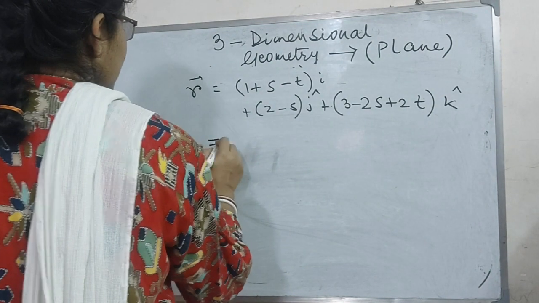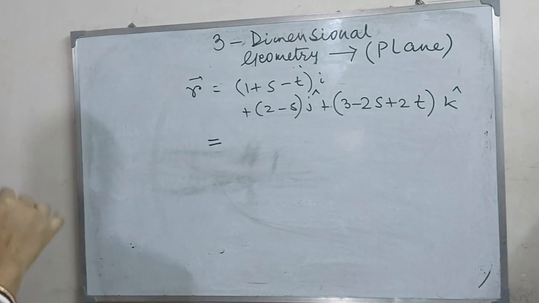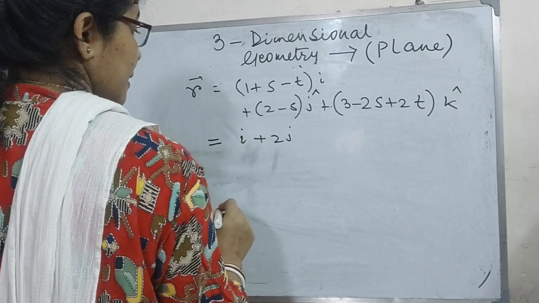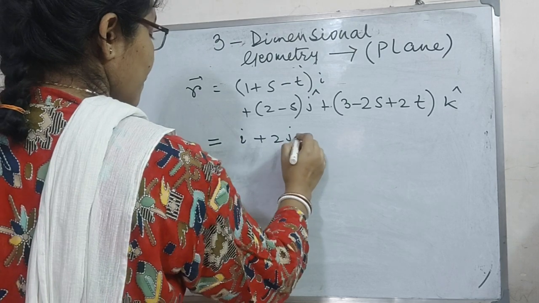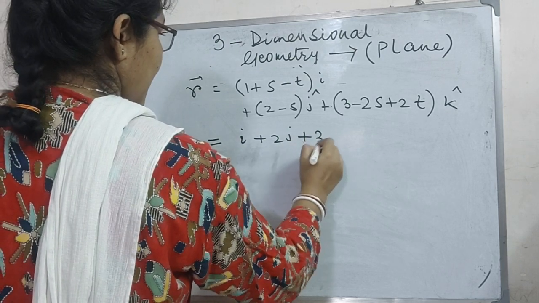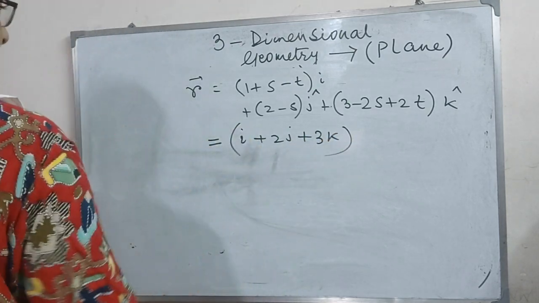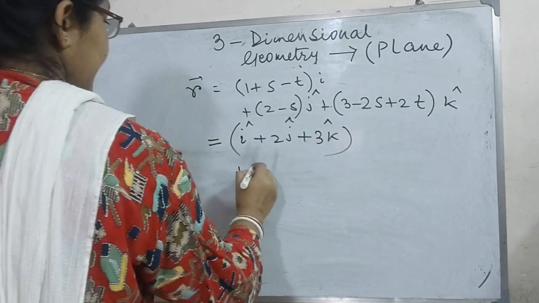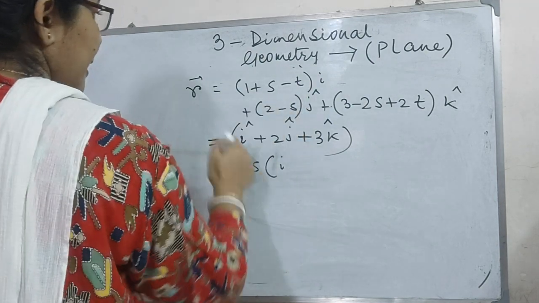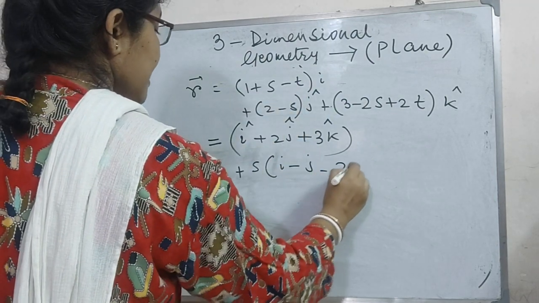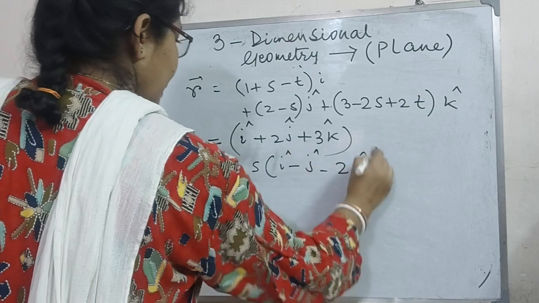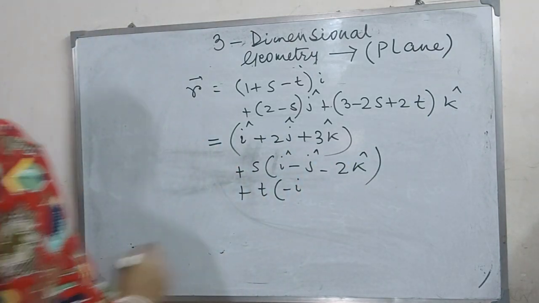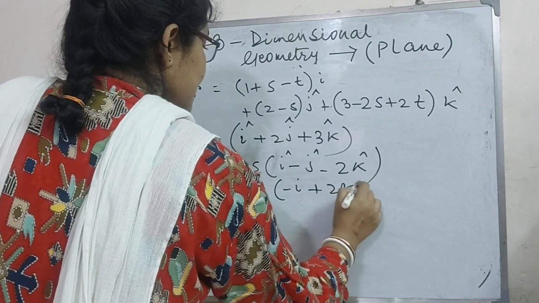This equation can be written in this way: i plus 2j plus 3k, plus s (i minus j minus 2k), plus t (minus i plus 2k).